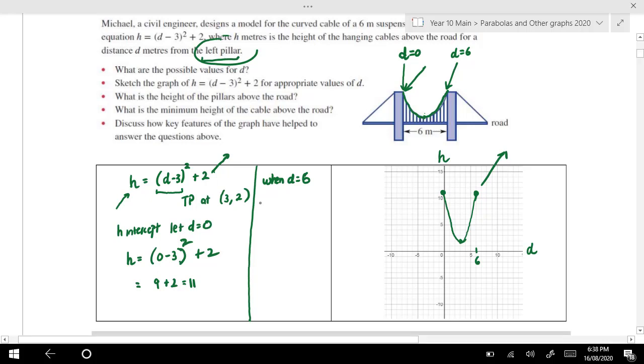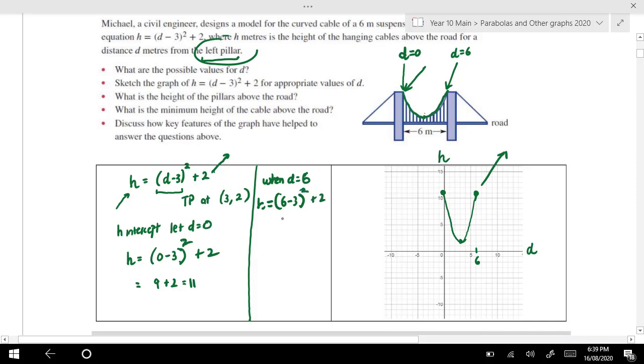We get h is equal to (6 take 3) squared plus 2.